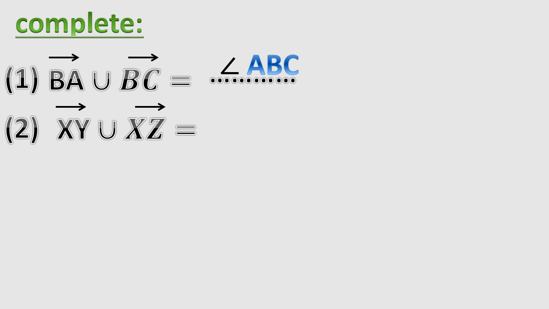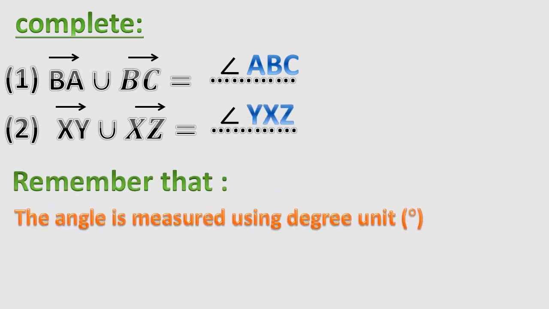They have the same starting point X, so it will be in the middle: Y, X, Z, an angle. Number 3, remember that the angle is measured using the degree unit. I have another 2 units in Prep 1. 1 degree equals 60 minutes and 1 minute equals 60 seconds.